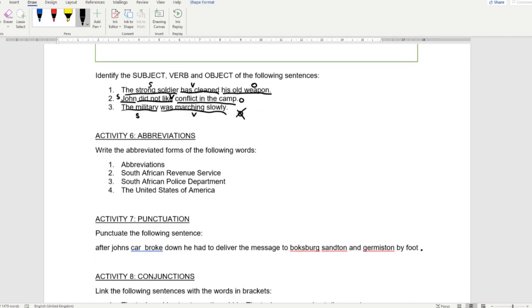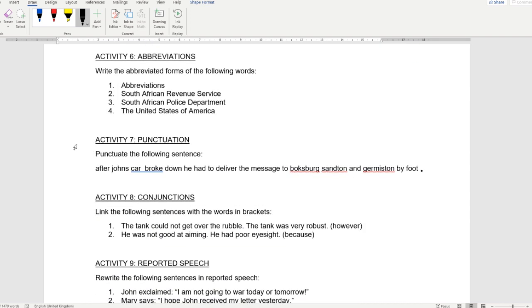We get on to activity 6, which is abbreviations. You have to write the abbreviated form of these words. Abbreviation itself is abbr with a dot at the end. You do not add dots to abbreviations where the abbreviation itself ends on the same letter as the word being abbreviated.